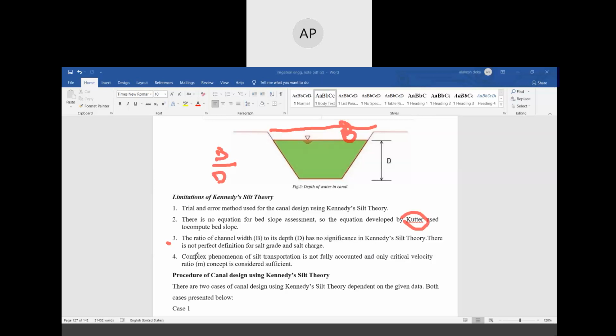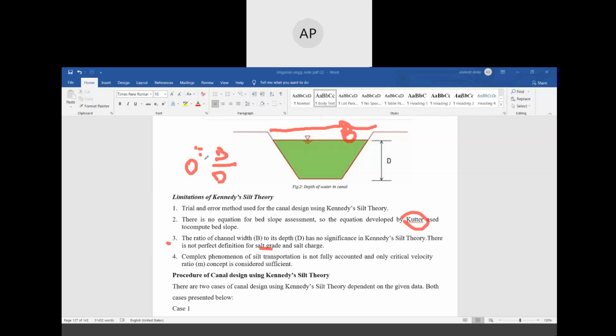There is no perfect definition for silt grade. That means he didn't provide for larger, coarse material, or the material which is smaller in size.